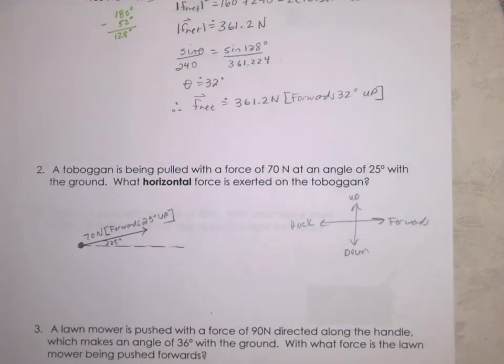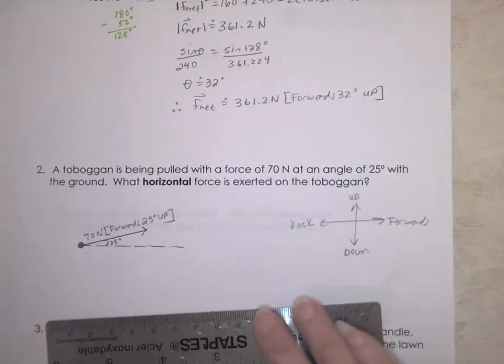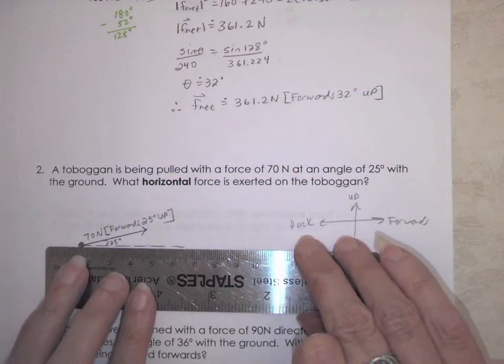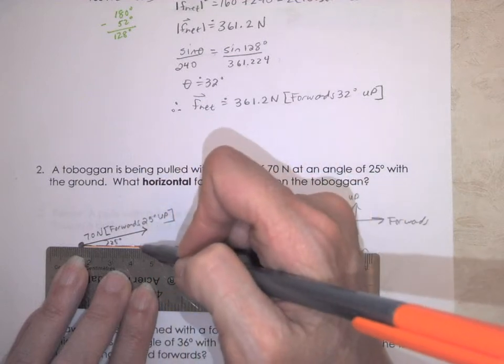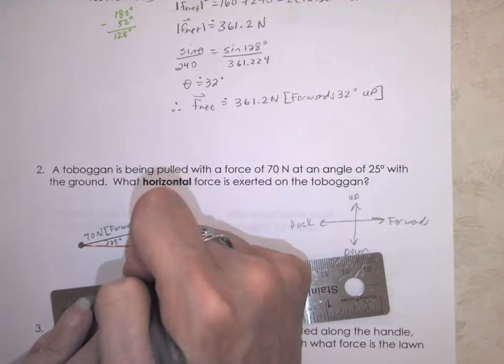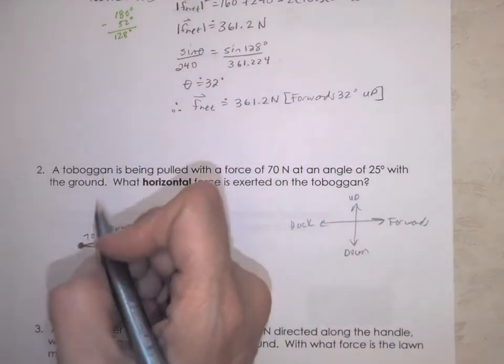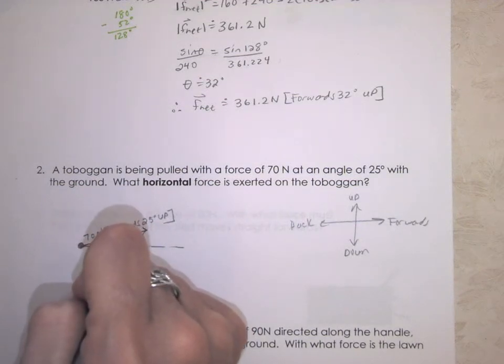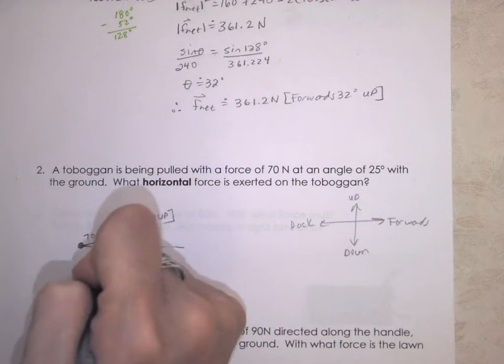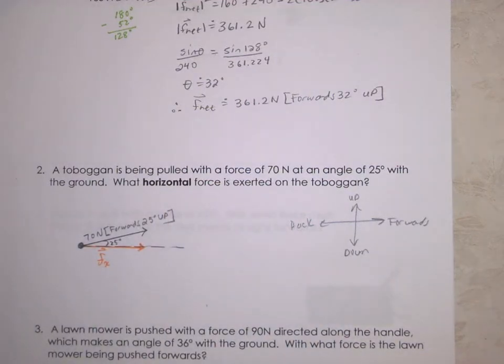And that net force is made up of a horizontal force, which I'm going to draw here. And I'm going to call that F, small f. And then often for horizontal, you use X as your subscript, because X runs horizontal.